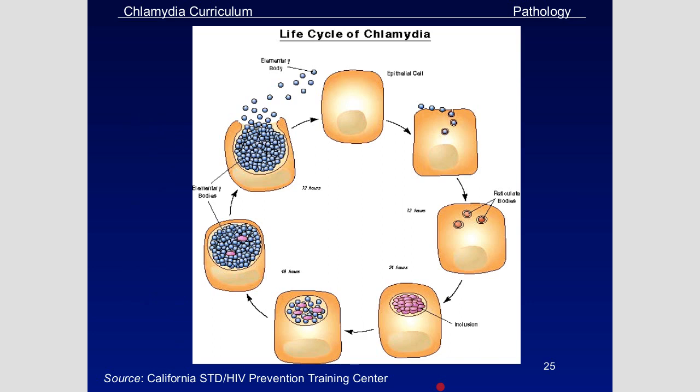It exists as the reticulate body, and again changes into the elementary body. What you need to know, and I'm going to discuss that in a while, is which one of them is infective. That is a typical case when we discuss parasitology. These bacteria have very complicated life cycles.